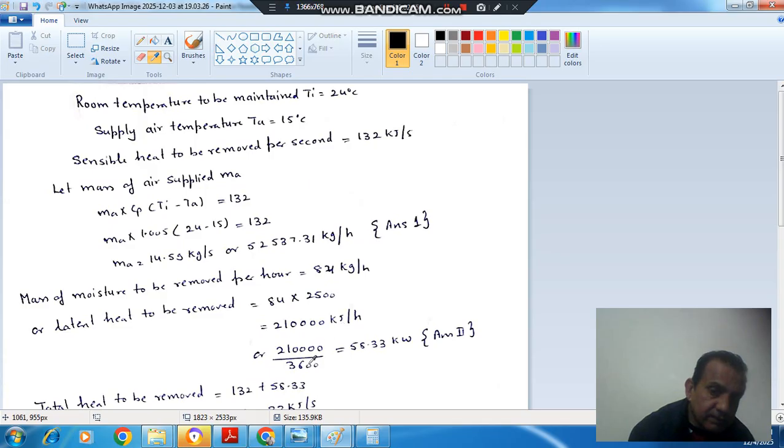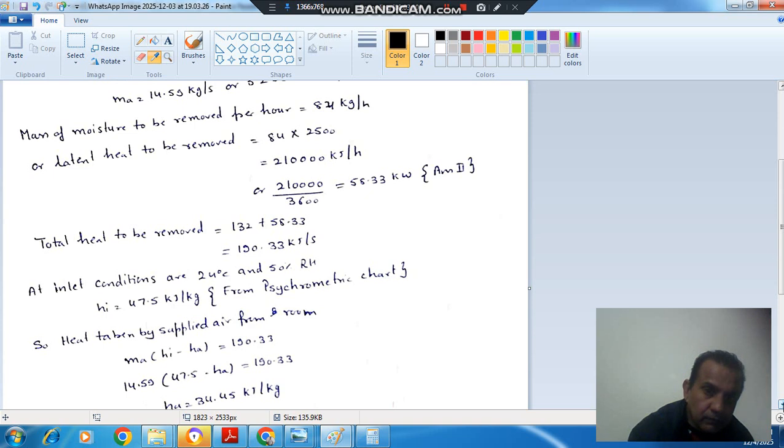Or if you divide by 3600, then it will be 58.33 kilowatt. So that is the latent heat to be removed, and this is the sensible heat to be removed. So total heat to be removed is the summation of these two. So it will be 190.33 kilojoule per second or kilowatt.